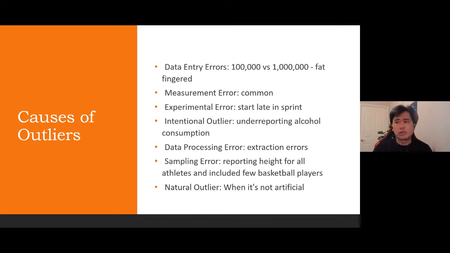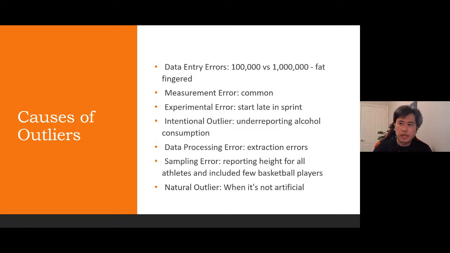Experimental errors are when you have collected your data out of sequence. You started to collect your data late in the sprint cycle, meaning you just cram all your data at the end. That might cause issues with your data.